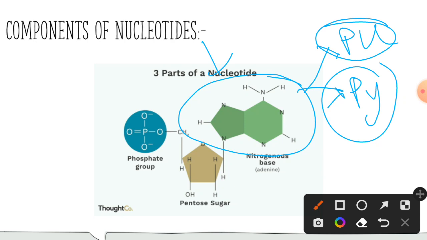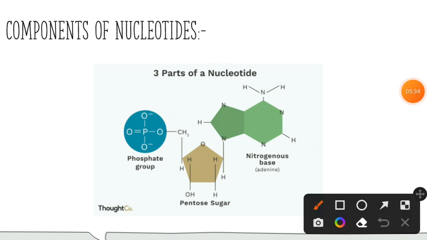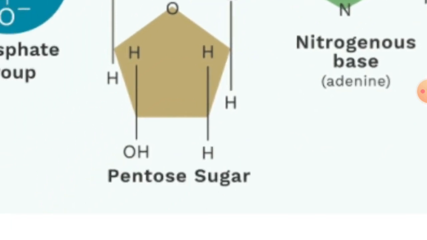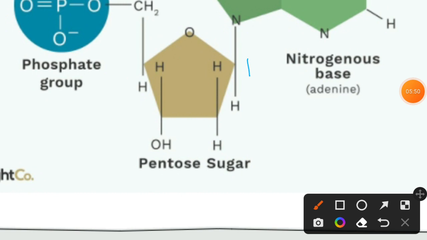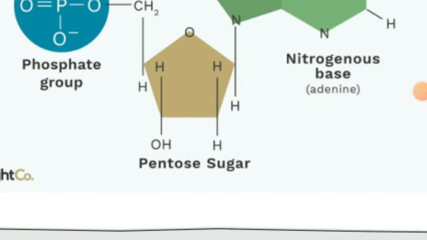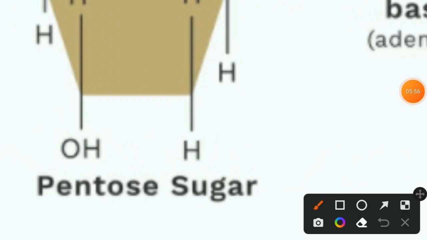Now there will be a pentose sugar. Pentose sugar means a sugar consisting of 5 carbons. Depending on the presence of an OH group at the 2' position, because remember this carbon is known as 1' and this carbon is known as 2', if there is an OH group in that position, then the nucleotide will be for RNA.